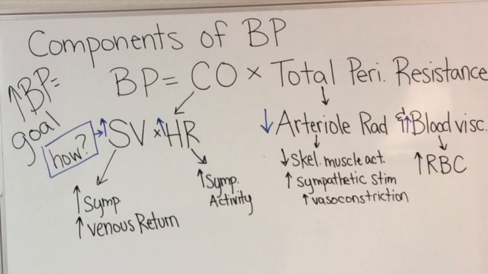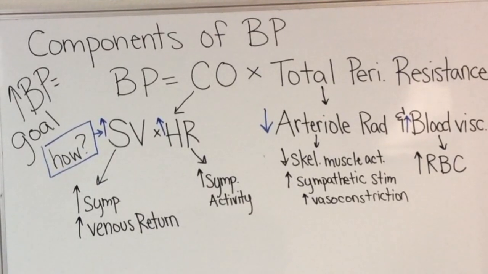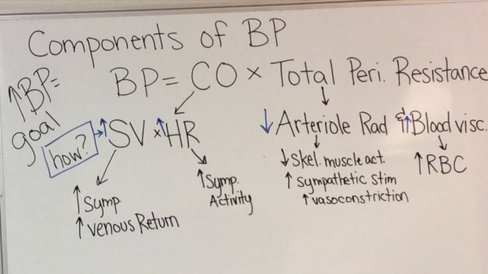In order to increase blood pressure, we have to increase one or many of the following variables. We have to increase stroke volume, heart rate, or blood viscosity, or we have to decrease arterial radii. This can be accomplished by increasing sympathetic stimulation to the heart, which would increase heart rate and increase stroke volume.